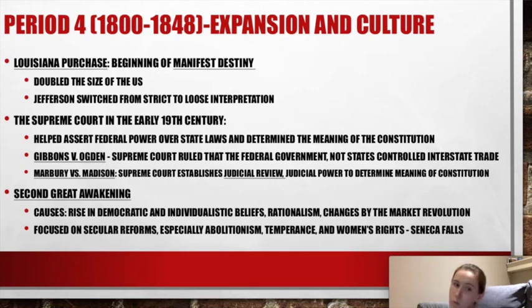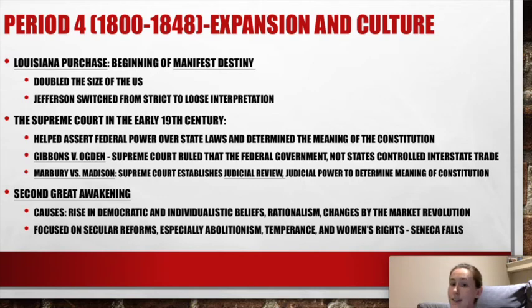And one way in which we are trying to solve some of these issues, to really figure out what the Constitution means, is by using the Supreme Court, the judicial branch of the United States. Now, we have two major court cases during this period in which we are going to see an expansion of federal power. The first is Gibbons versus Ogden.